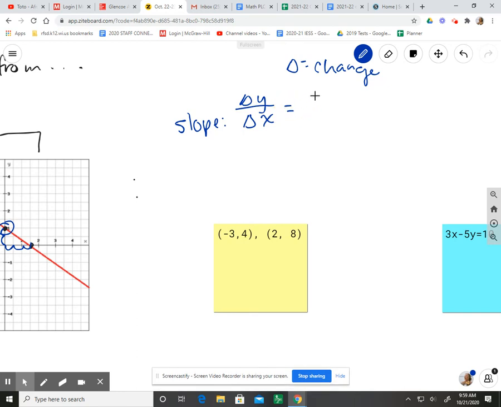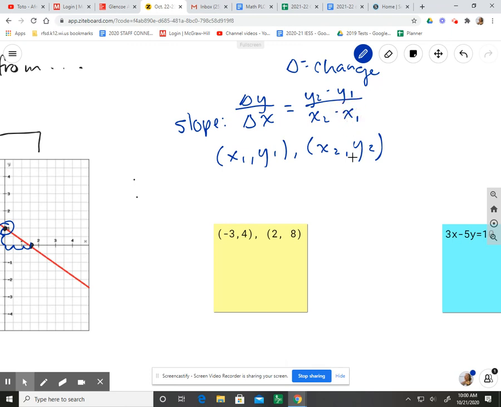If you have 2 points, x1, y1, and your other point is x2, y2, with the x value going first, then your slope is the change in the y's: y2 minus y1, over the change in your x's: x2 minus x1.